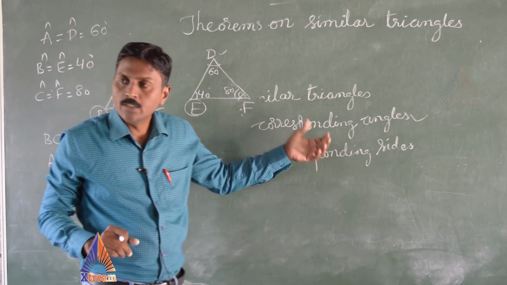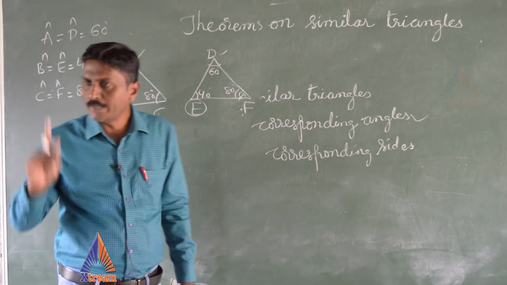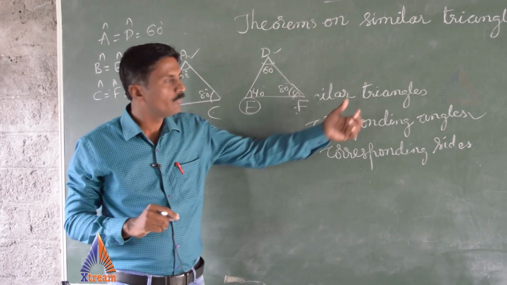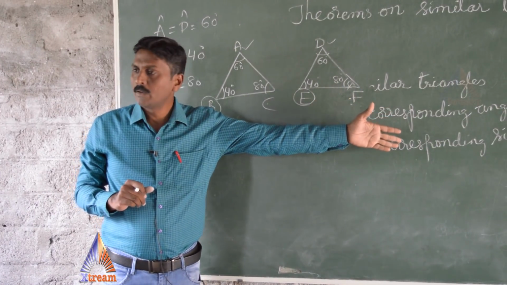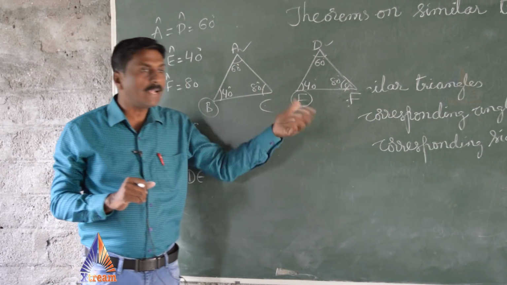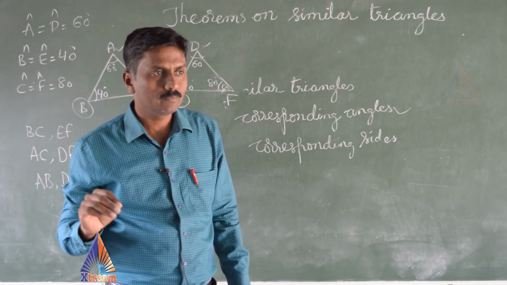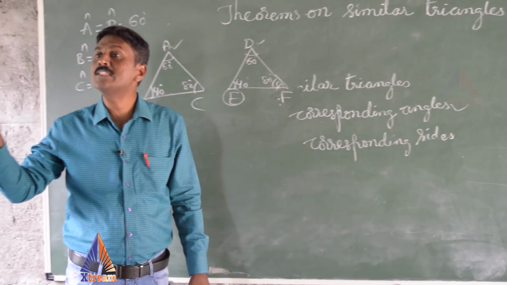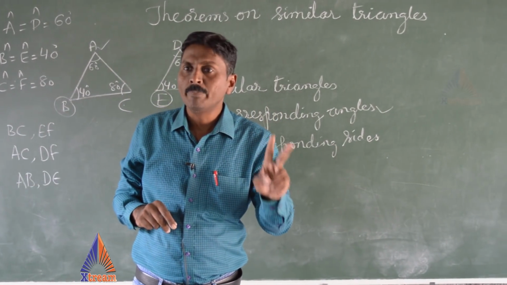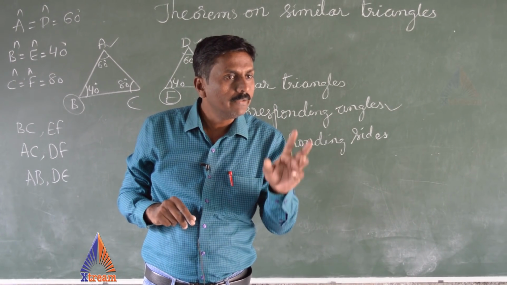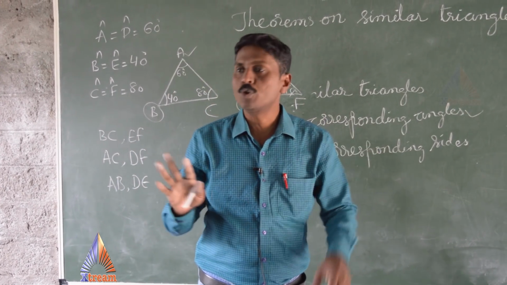What are corresponding angles? Equal angles in two triangles are corresponding angles. So now let me tell you the meaning of similar triangles. Here ABC and DEF are called similar triangles. In two triangles, if corresponding angles are equal, then the triangles are said to be similar triangles. Here you have to remember two points. Two triangles are said to be similar if and only if their corresponding angles are equal and corresponding sides are proportional.